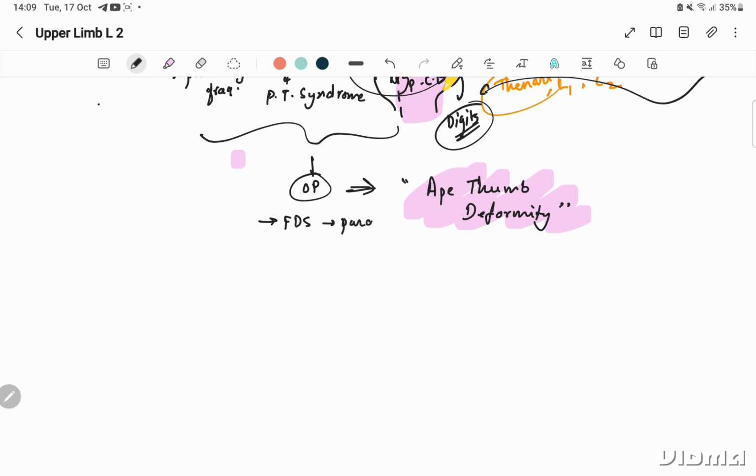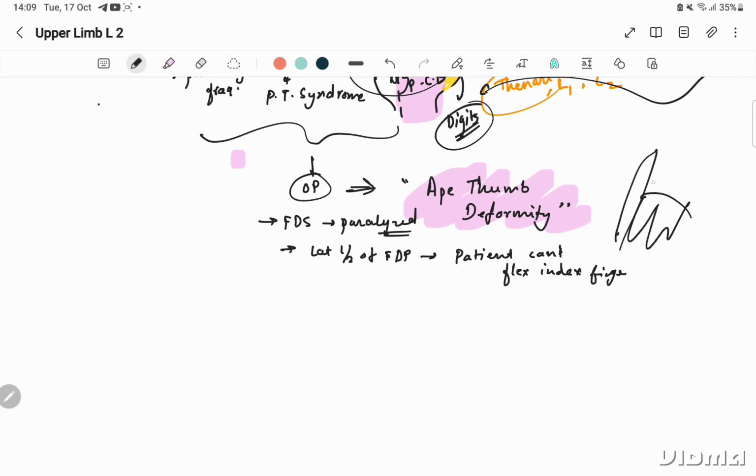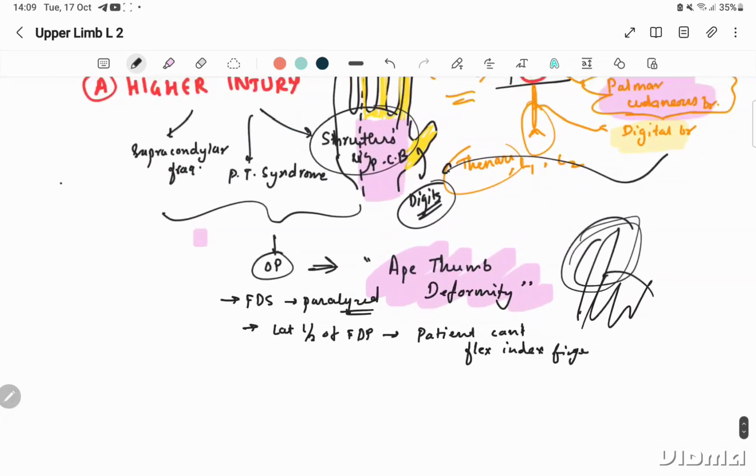FDS is paralyzed, and lateral half of FDP is also paralyzed. So the patient cannot flex his index finger. You can ask the patient to make a fist. If he can't flex his index finger, then when he makes a fist, the index finger will point out. So a pointing index finger is an indicator of higher median nerve injury. Okay.